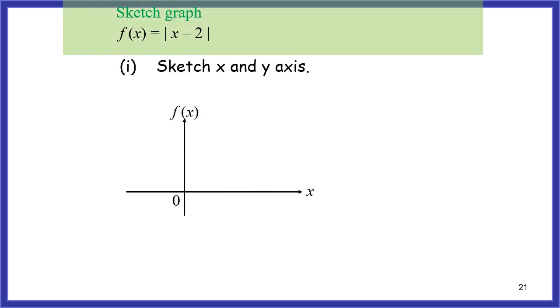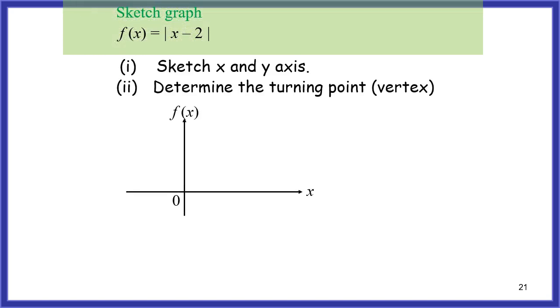And then sketch the graph. What we need to do is sketch the x and y axes and then determine the turning point, the vertex. What is the turning point? We just have to find when x minus 2 equals 0. So x minus 2 equals 0, so x equals 2 is the x coordinate of the vertex. When x equals 2, y equals 0.